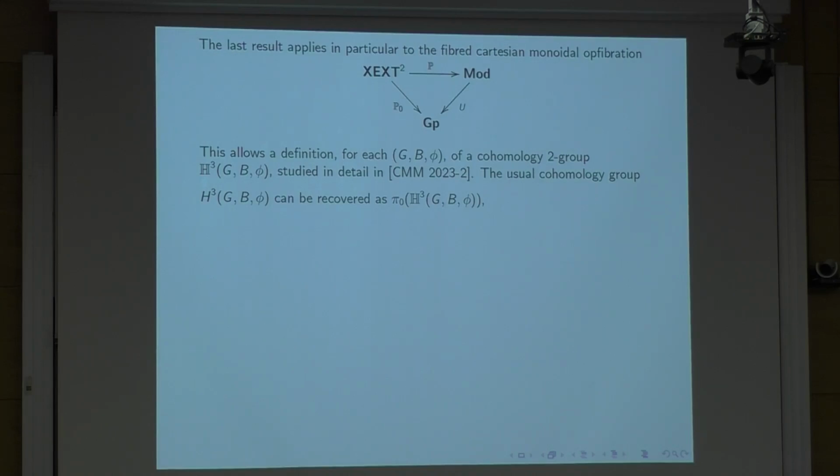First of all, this is a 2 group, so it has its homotopical invariants. The first one, which is pi 0, so if you take connected components of this 2 group H3, you can recover the usual cohomology group, H3.